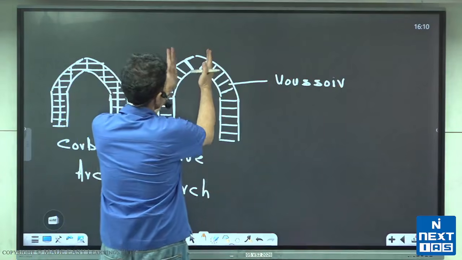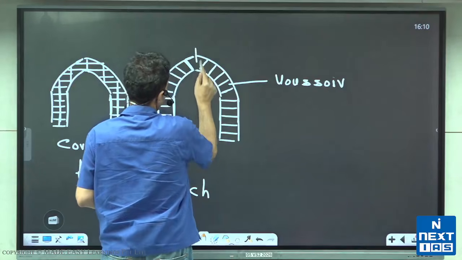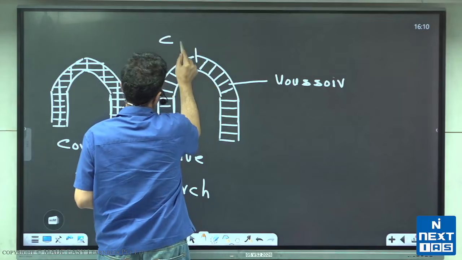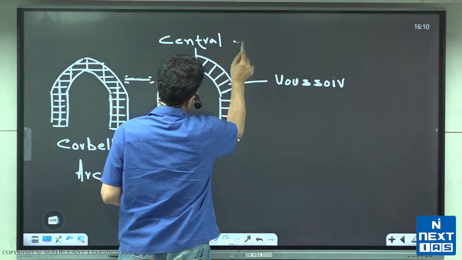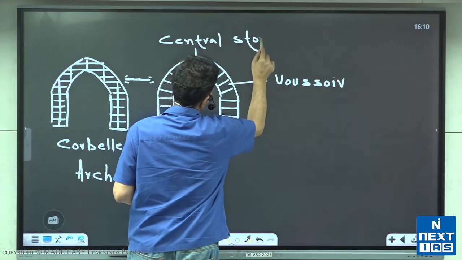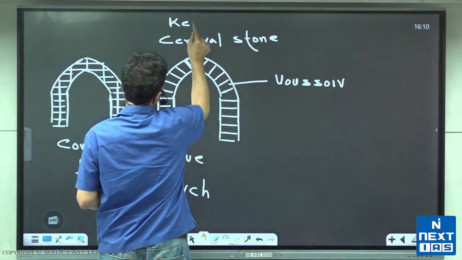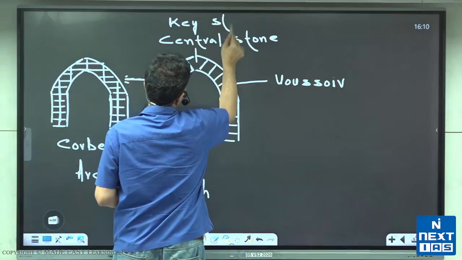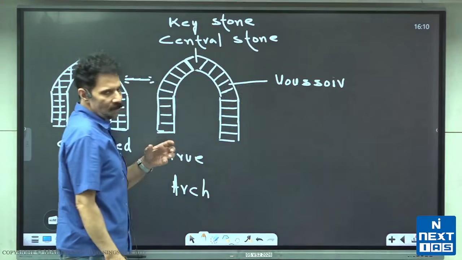And see the central part of the arch. This is known as the central stone. It is also known as the keystone. This simply means there is a central voussoir.